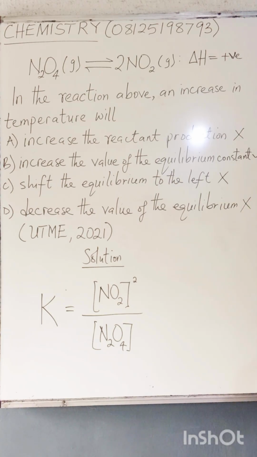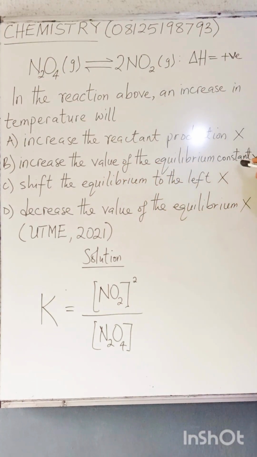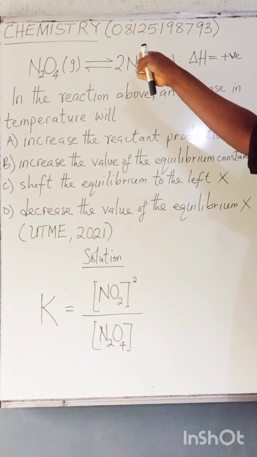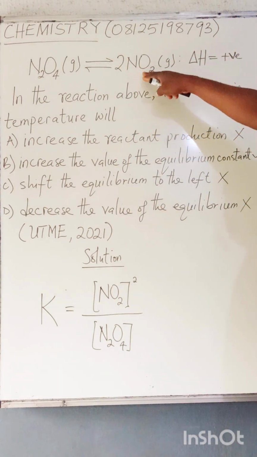The correct option here is option B that says in the reaction above, an increase in temperature will increase the value of the equilibrium constant. How will it do that? It will do that by shifting the equilibrium position to the right, favoring product formation.